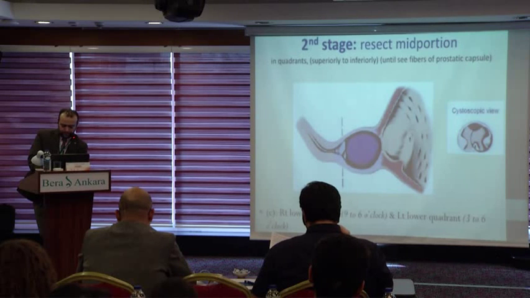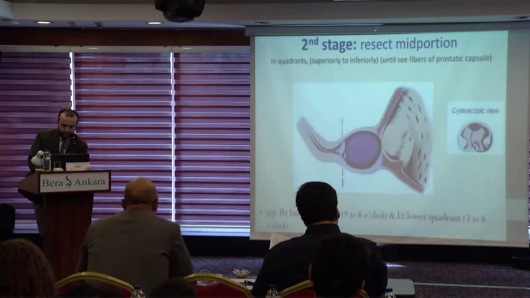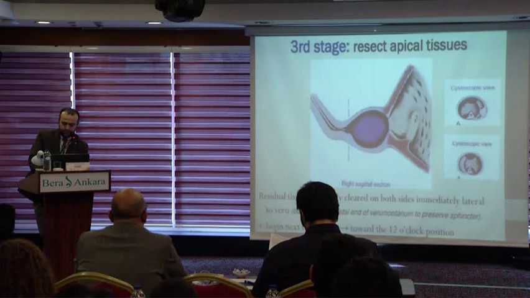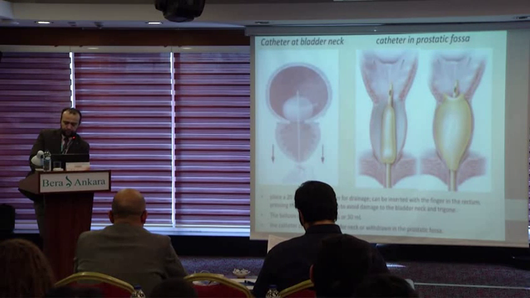We continue with 9 to 6 and 3 to 6, and lastly we resect the apical lobes of the prostate. This is the last stage of the surgery. After that, we place a balloon urethral catheter and inflate it to 20 to 30 milliliters.